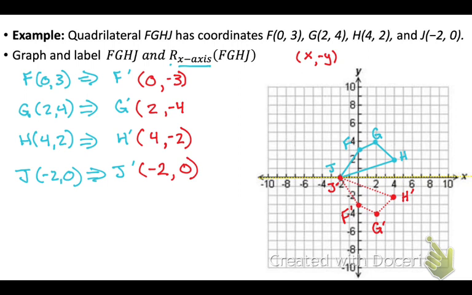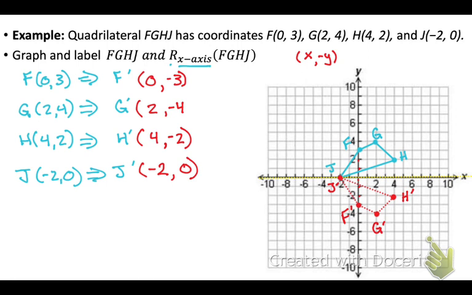So did your picture reflect over the x-axis? Okay, now I talked about counting, right, on a grid. So this F is 1, 2, 3 from the line of reflection, yes? So F prime needs to be 1, 2, 3 away, doesn't it? See how that works?